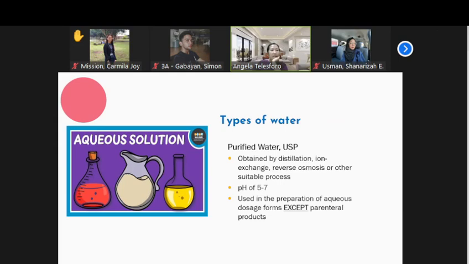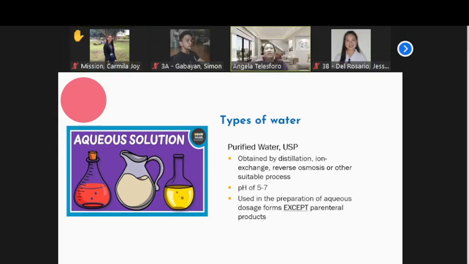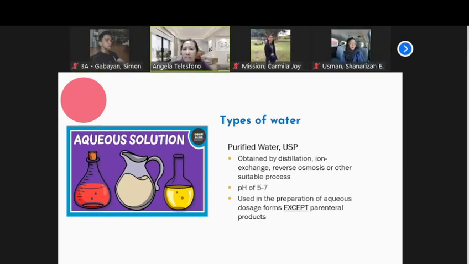United States Pharmacopoeia. Okay, United States Pharmacopoeia. Because we have British Pharmacopoeia, we have Japanese Pharmacopoeia, but there is no Philippine Pharmacopoeia yet. Maybe you can make one. So, USP. So, purified water.